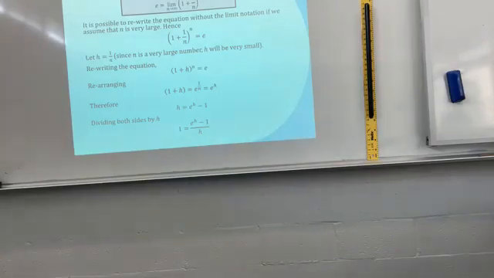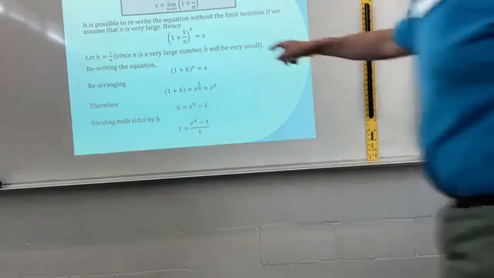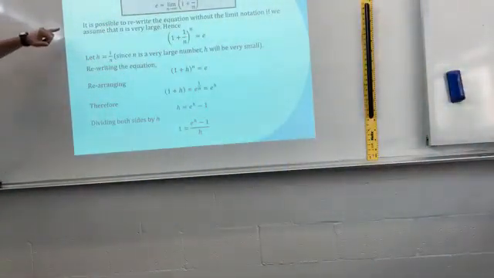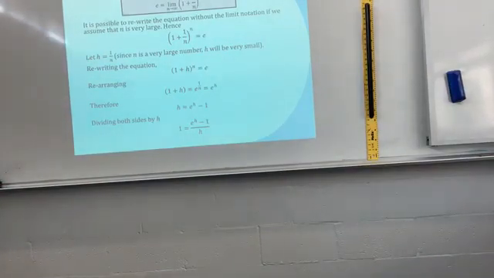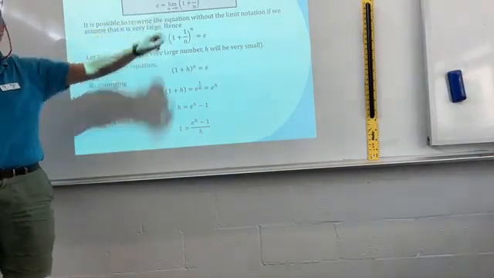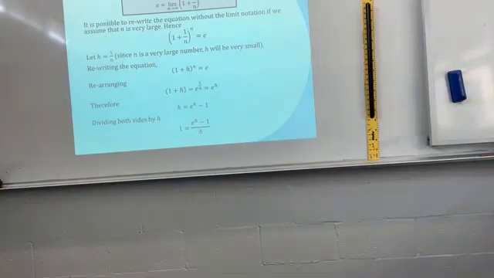Alright? So say we write this without the limit notation, we assume that n is a very, very large number, because n approaches infinity. And if we let h equal 1 over n, since n is a very large number, h will be very small, correct?